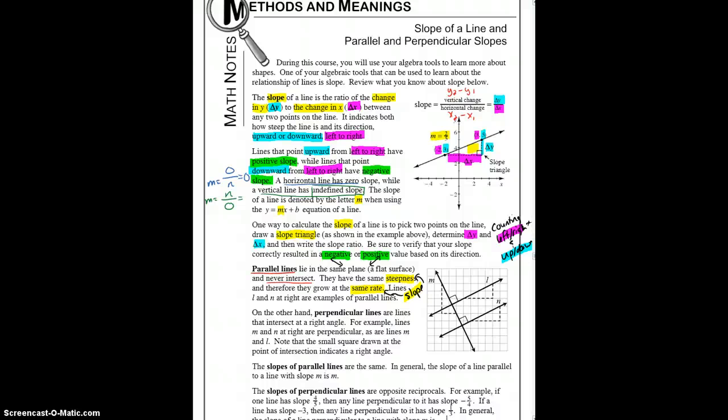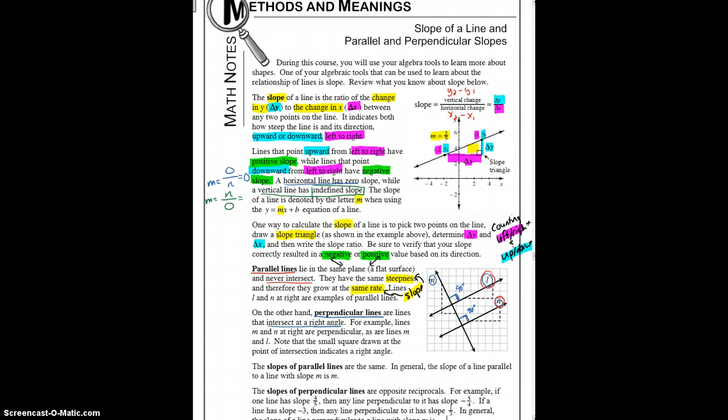Now, on the other hand, perpendicular lines intersect, and in fact they intersect at a right angle. So for example, in our picture, lines M and N and lines M and L are perpendicular. The reason we know this is because we're being told so in our picture with this little box in the corner that indicates the 90-degree angle.